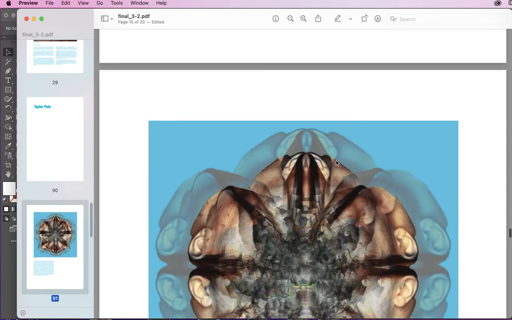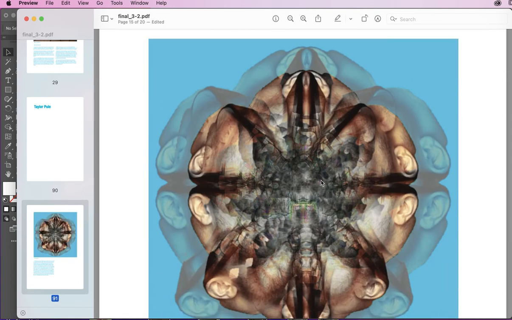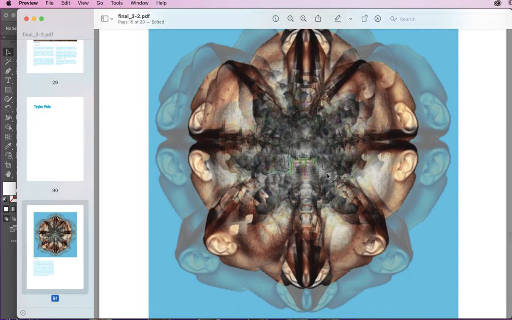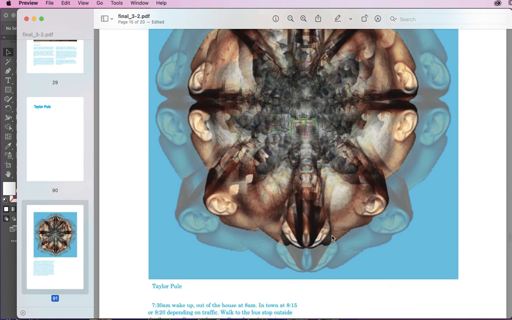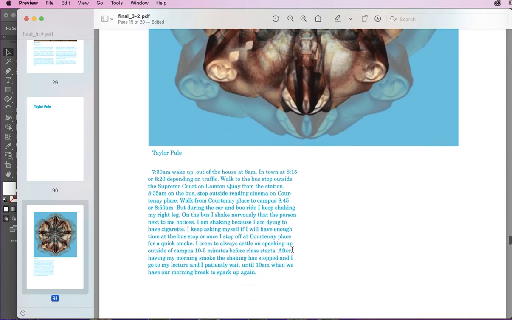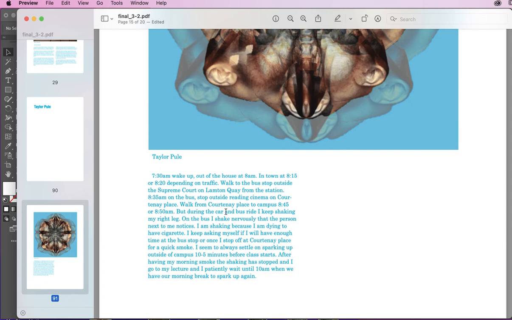This was a really unique one, where it's a kind of kaleidoscope of Taylor, who was a smoker. So it's him having a cigarette, and he's made this chaotic, turbulent image from him having a cigarette. And his writing is far more poetic. So he talks about 7:30 a.m. wake up, out of the house at 8 a.m., in town at 8:15 or 8:20, depending on traffic.